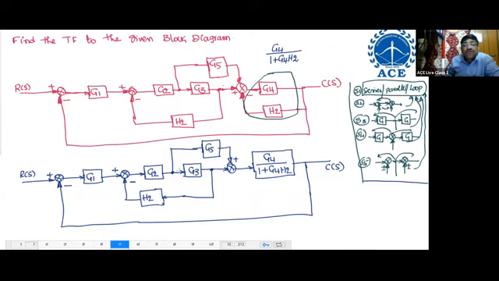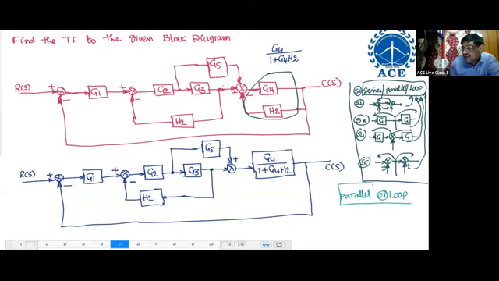So you should have a logic of simplification, how to simplify. The main logic is: you try to make the blocks parallel or a loop combination. Which blocks can I make parallel?